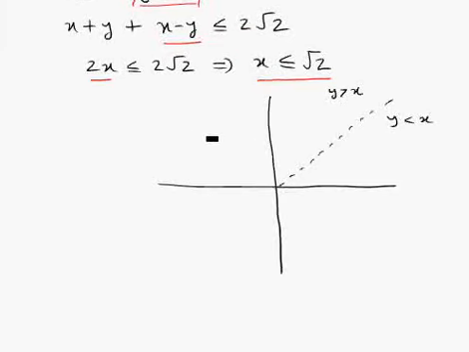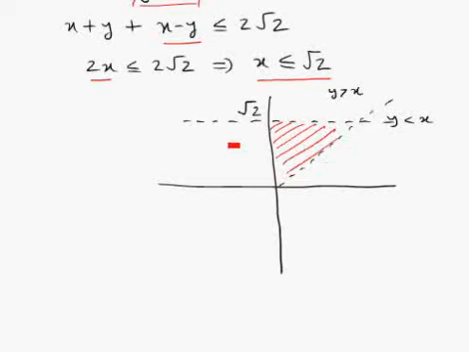This is the y = root 2 line, then the region above the y = x line but below y = root 2, as well as including this line. So this is the region represented by y less than or equal to root 2.